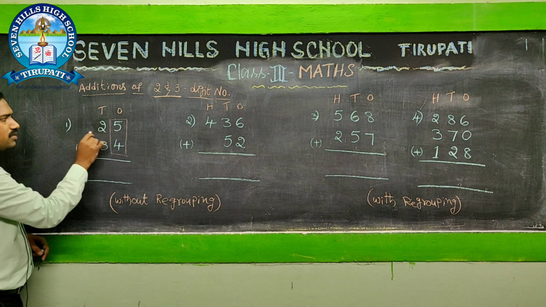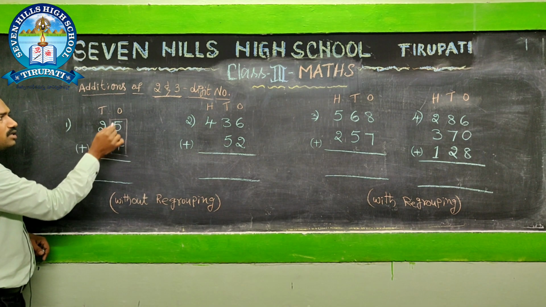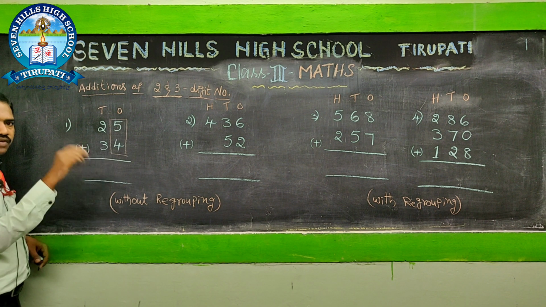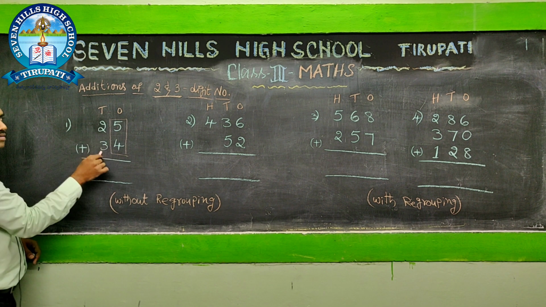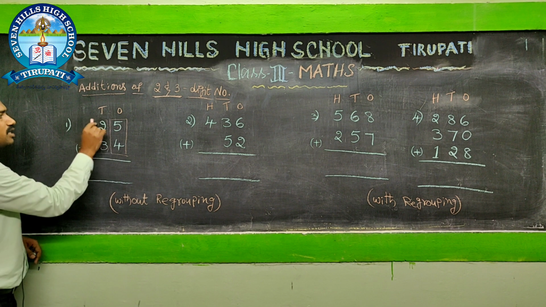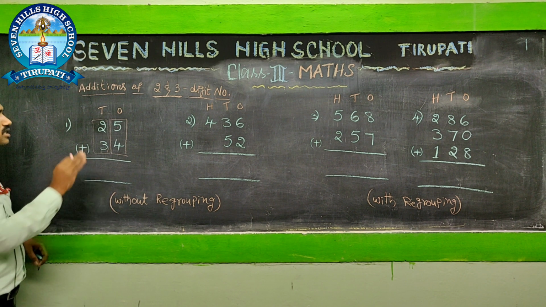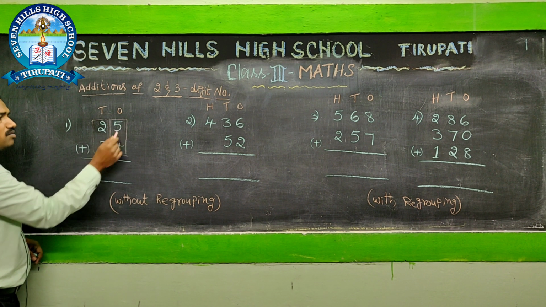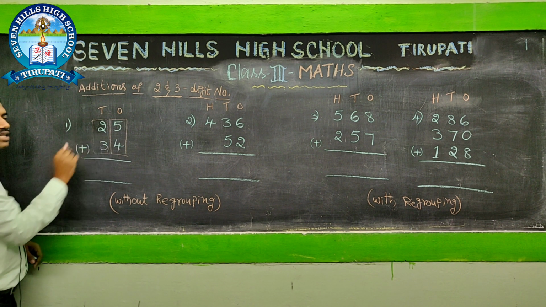This is a column, this is a row. You have to add the ones column first. After that, you add the tens column.